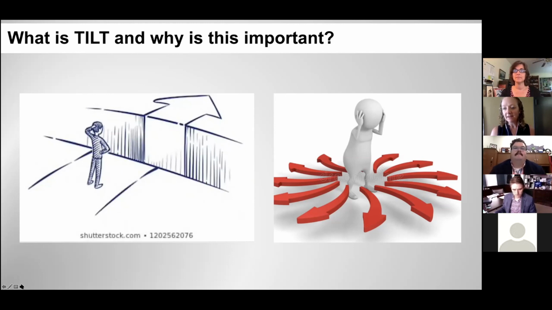And we got really excited because we felt like this had the potential to really help our students in Georgia. And so TILT, if you haven't come across the acronym before, stands for Transparency in Learning and Teaching.